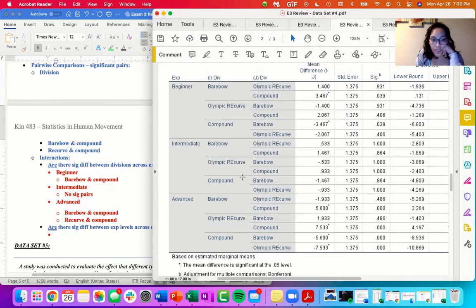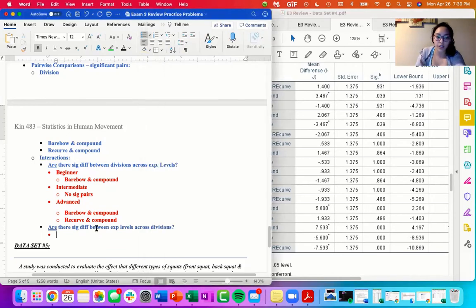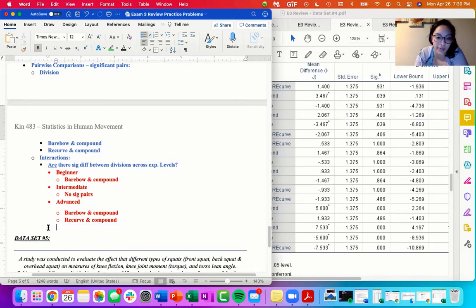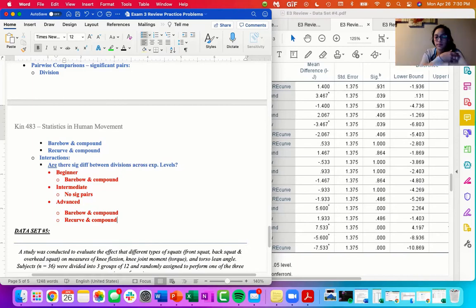Oh, I know why I didn't put it in there. It's probably because there were no significant pairs. Or one of the original questions that was asked when I made this was just, are there any significant differences between? And then I only had you guys answer that one. So we're limited on this one because we don't have the other option, but here we go. We'll just report the ones that we see. You might have additional ones if you decide to run this off of the data set though.